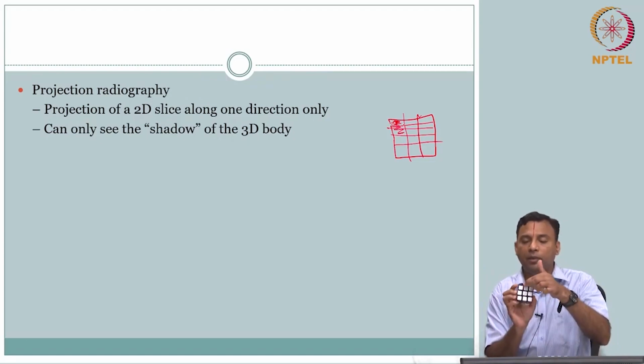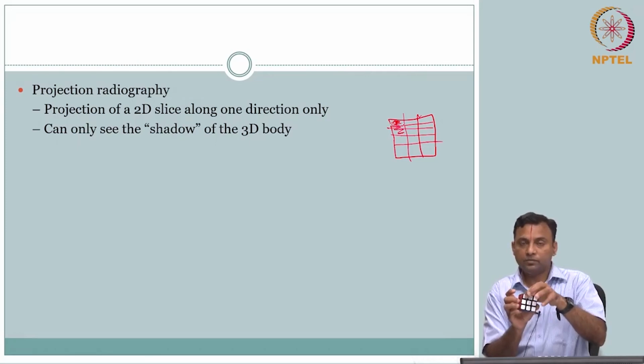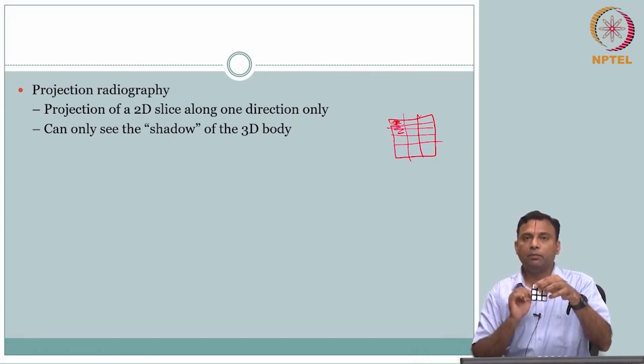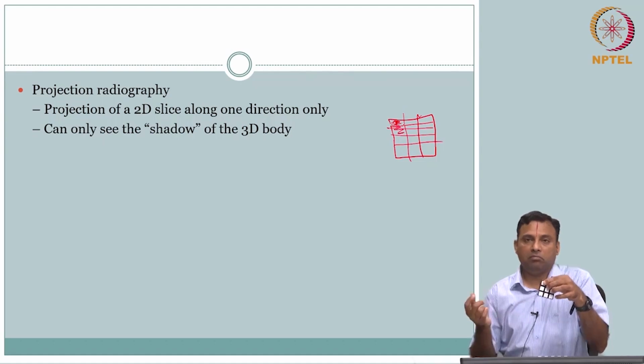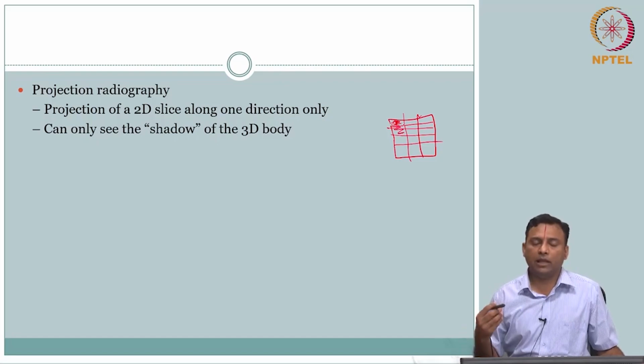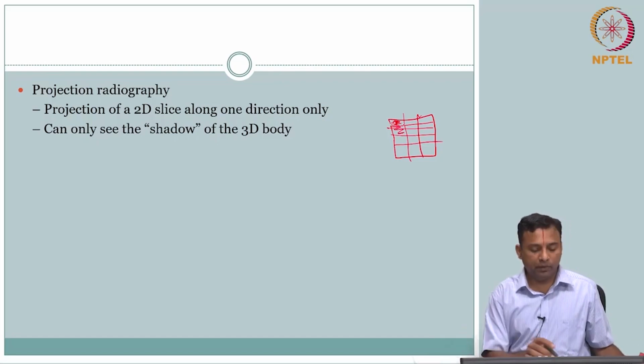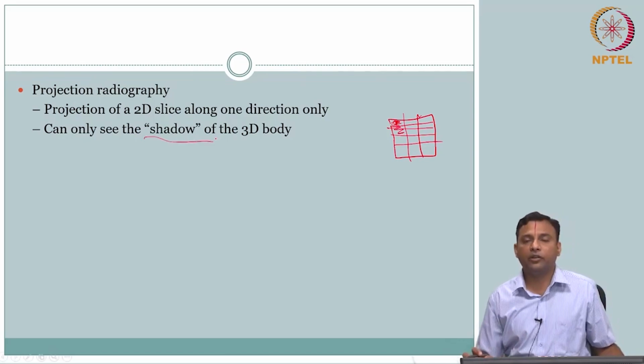Even though I couldn't tell apart the front cube color to the back cube color. So I couldn't tell what is in the front or what is in the back, but that was sufficient. So a lot of developments and applications took place, but one of the fundamental limitations was you ended up seeing only a shadow of the 3D object.